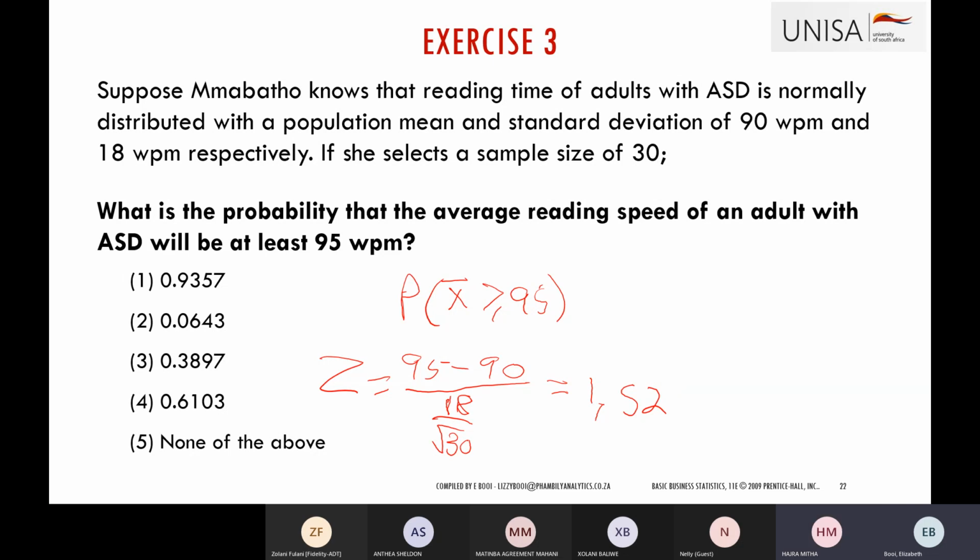Then you go on your table and you search for 1.52, which gives you 0.9357.